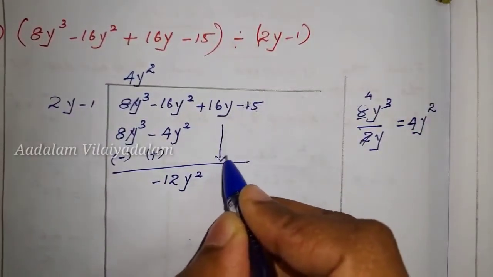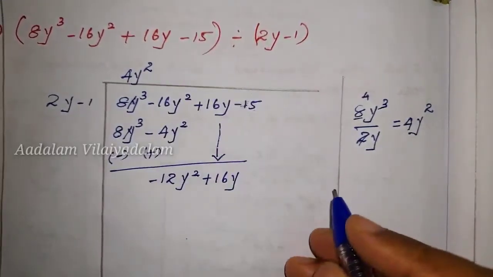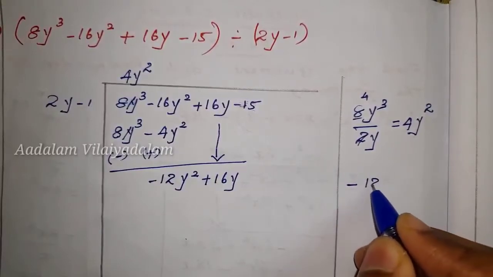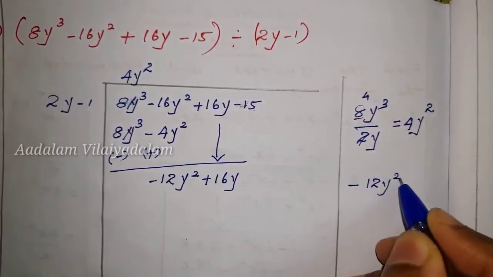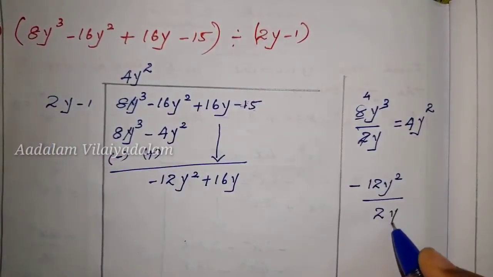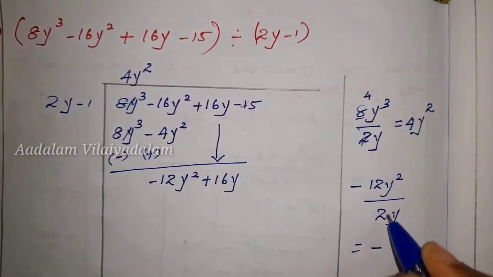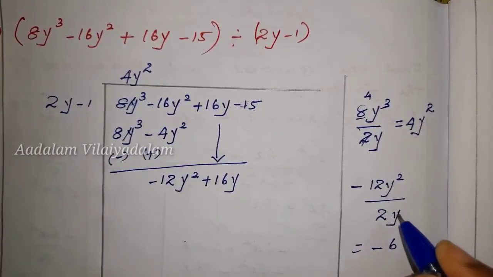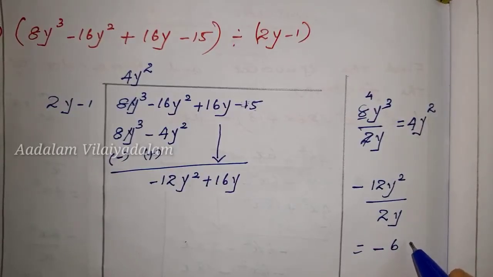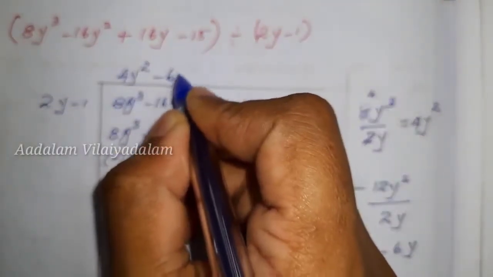The next term is 16y, so plus 16y. So next identify the quotient term. The first term here, minus 12y square divided by 2y. So here plus into minus, minus, in 2 6s are 12, 6 cancel. So y power 2, y power 1, that is y power 2 minus 1, 1. So minus 6y.